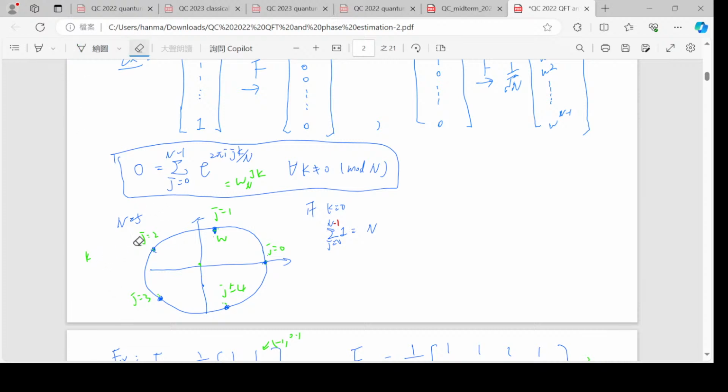Maybe let's erase here. Okay, k equal to 2. Let's do this slowly. Then j equal to 0 is still this point, and j equal to 1 gives jk equal to 2.